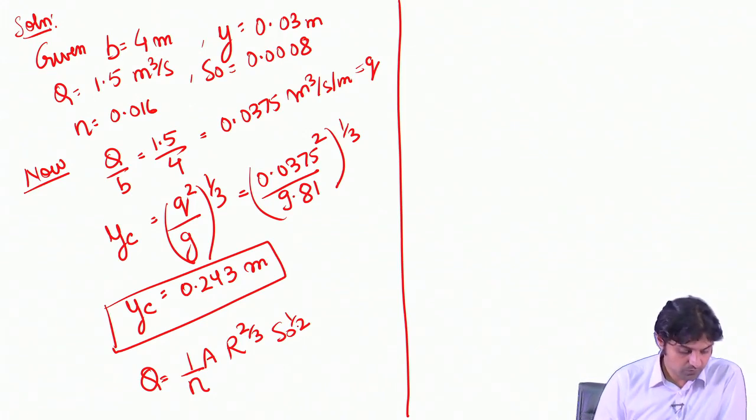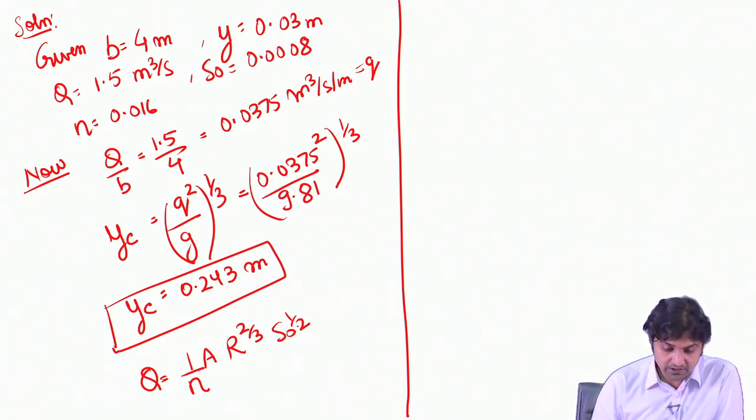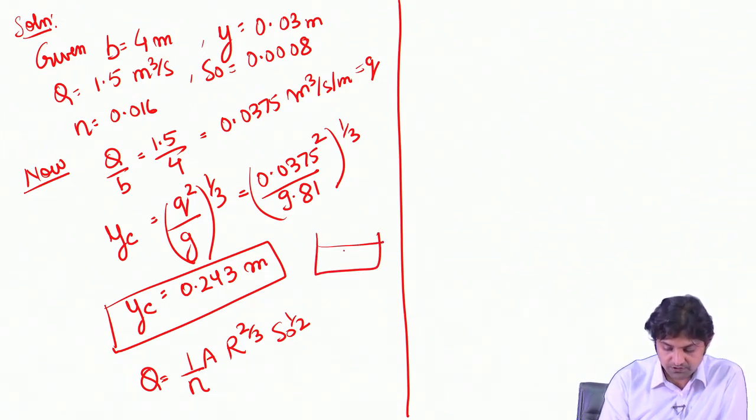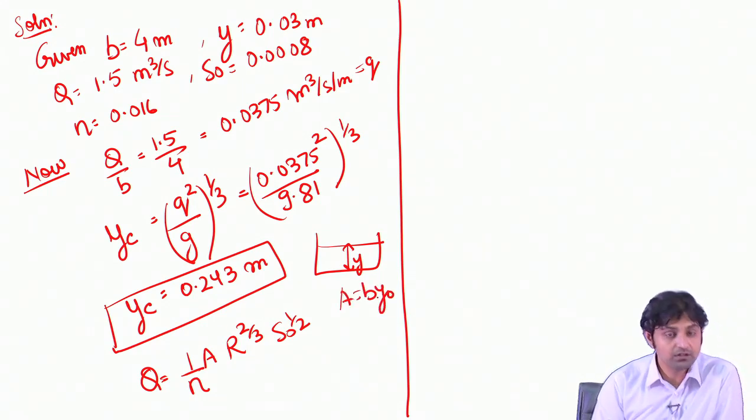So, we see area we already know. This is a rectangular channel, right. So, if this is the y and this is b, area is b y naught, because we also need to calculate the normal depth, right. So, area is going to be b y naught.